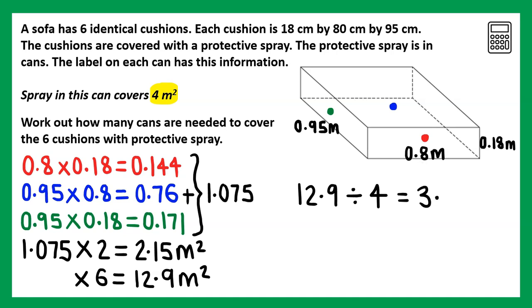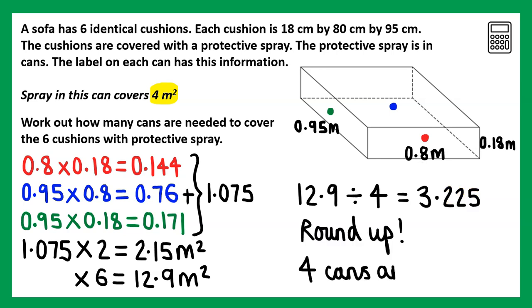This gives me 3.225. You won't be able to go into a shop and buy 3.225 cans of spray, so we'll need to round this to ensure we have enough. Rounding down to 3 will mean that there's 0.225 of a spray can missing, and therefore won't cover all of the cushions, so we'll need to round up, and therefore 4 cans are needed.